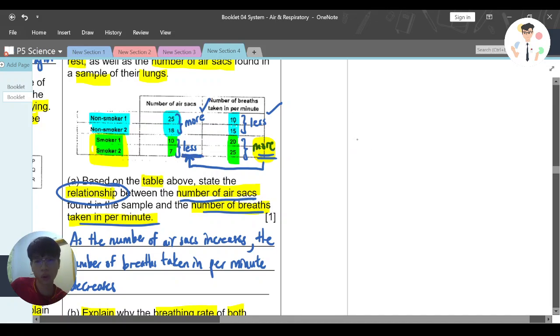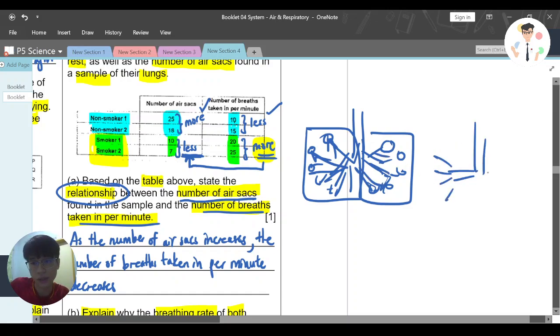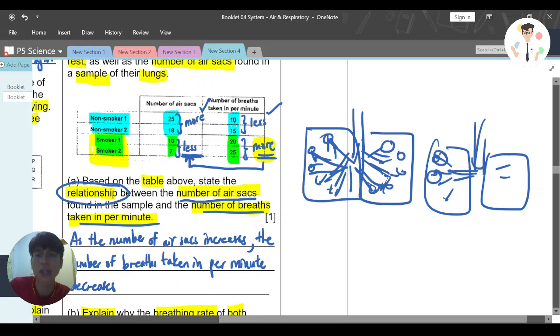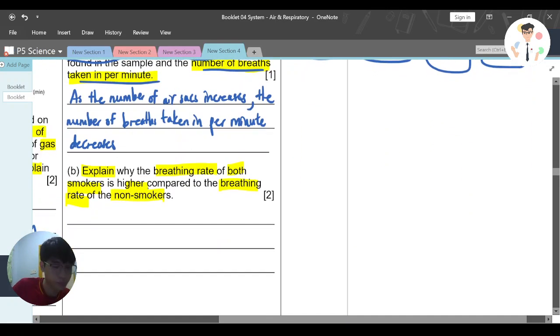Because when your lung, for example, this is the windpipe, this is the air sacs. When you have more, what happens? It reaches all parts of the lung very easily. But when you have less, for example, then you need to take more breaths to go and try to reach different parts of the lung. Okay, so in simple, why?